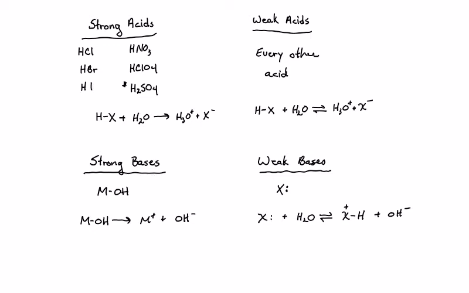Okay, and again, notice that that is an equilibrium. So the big difference between strong and weak is going to be the fact that a weak base or a weak acid is only going to have a partial dissociation taking place. Okay, which means that it's going to produce much less hydroxide or hydronium in solution. Okay, so weak acids and weak bases are going to have a smaller impact on the overall pH of a system than a strong acid or a strong base.